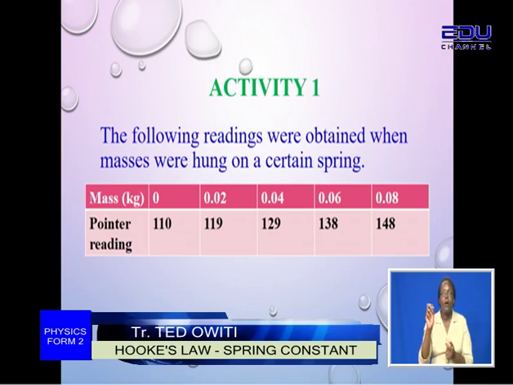So we start off with the mass. When the mass was 0, the pointer reading was 110. And when the mass was 0.02 kilograms, then the pointer reading was 119. When the mass hung was 0.04, then the pointer reading went to 129.